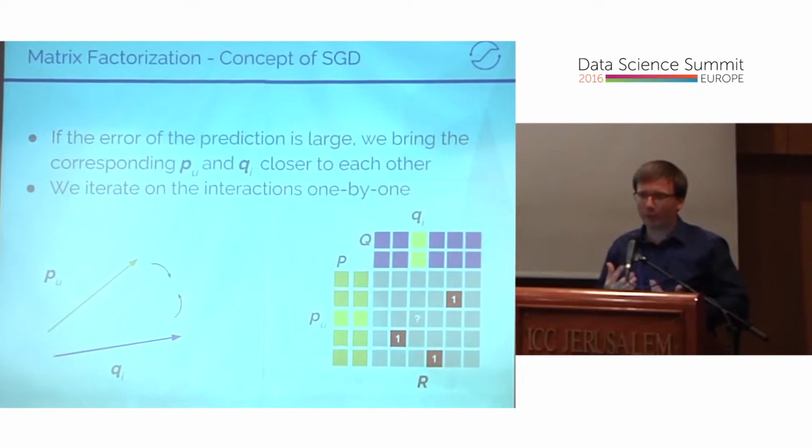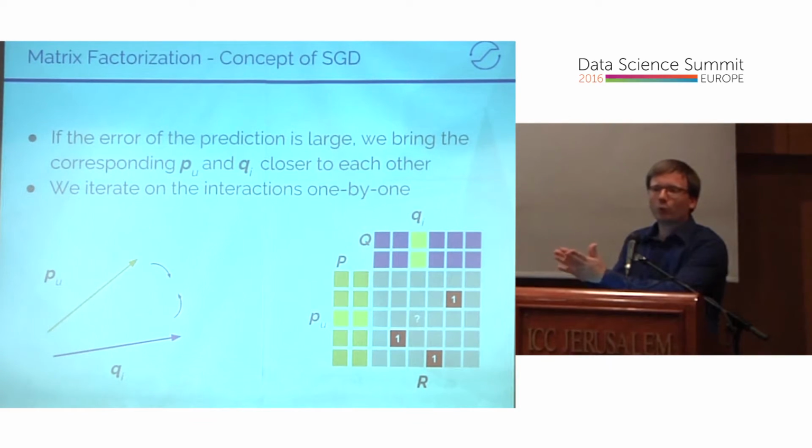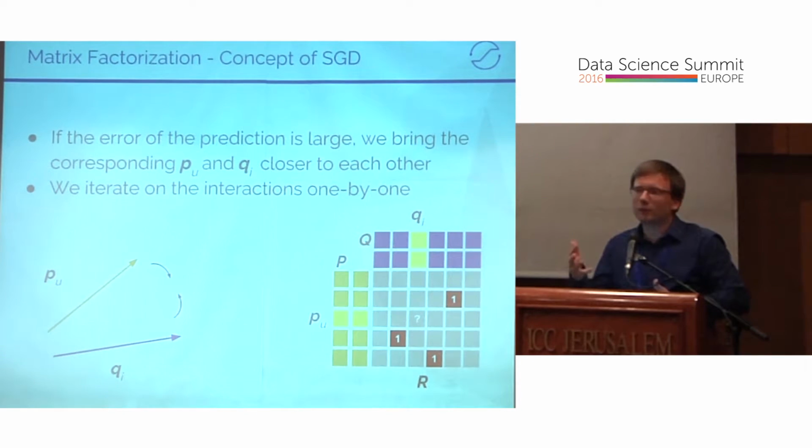Think about the following. You have observed that a given item has now interacted with a given user, and you want to learn from this information. What you do is the following. You first compute the scalar product of the two corresponding vectors and check whether you could predict this interaction with high probability or not.